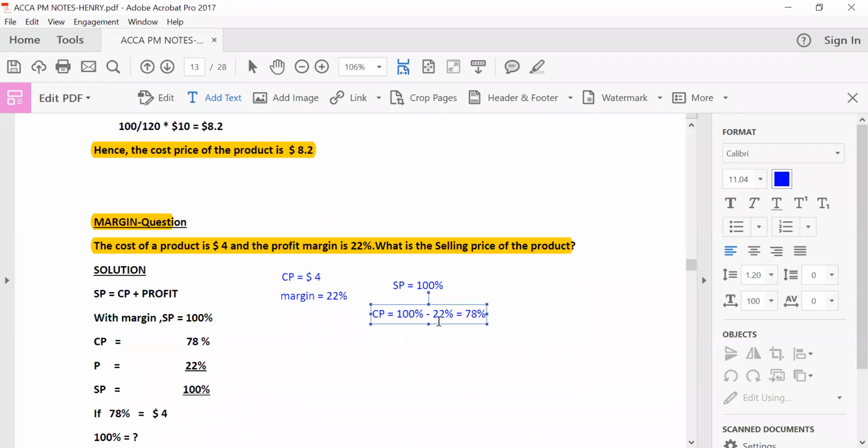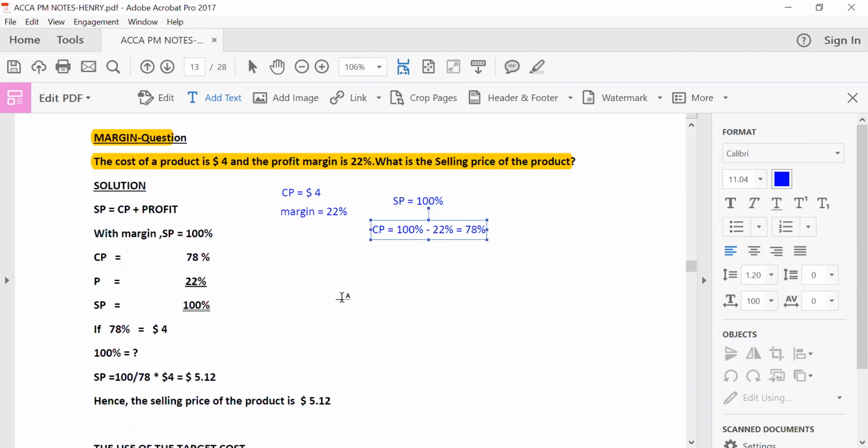You can do your calculation, but I still think that I'm right. So I have the selling price percentage to be 100% and the cost price percentage to be 78%. I can use the if-more-less analysis to estimate it.